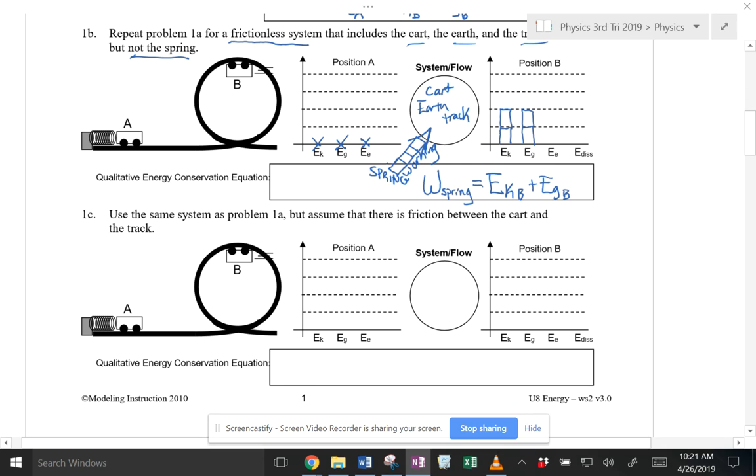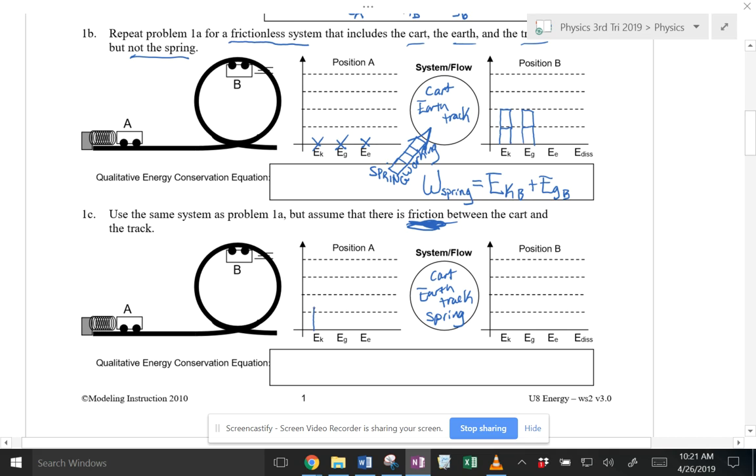All right. 1C, it's the same thing as 1A, but now there's friction. So same thing as A, we're going to have the cart, we're going to have the earth, we're going to have the track, we're going to have the spring. But now there's friction. So think about how a track that has a little more friction is going to affect what we see.